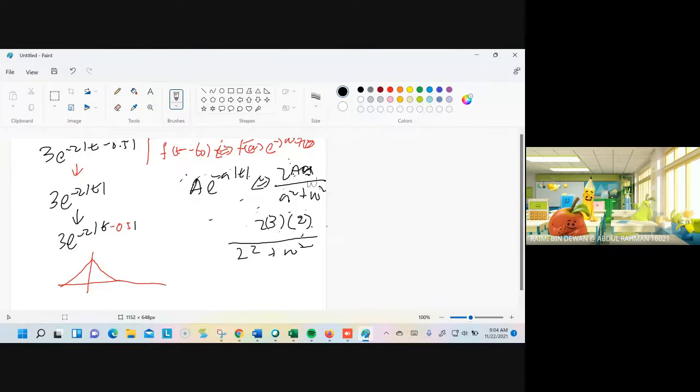This is before the shifting. Then you need to introduce the shifting: 2 times 3 is 6, 3 times 6 is 12, over 2 squared which is 4, plus omega squared, and then you provide e^(-j omega t naught).